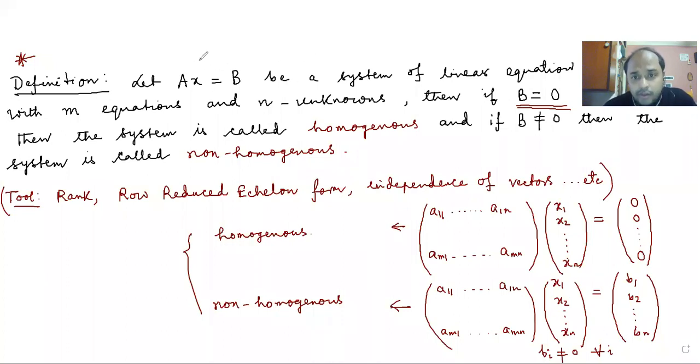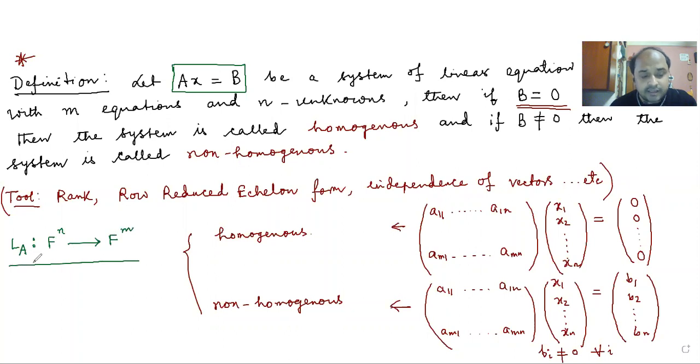And also probably you can remember that when we talk about this type of system, Ax equal to b, that means we are actually talking about a linear transformation La, which is from Fn to Fm. So we have discussed this also.